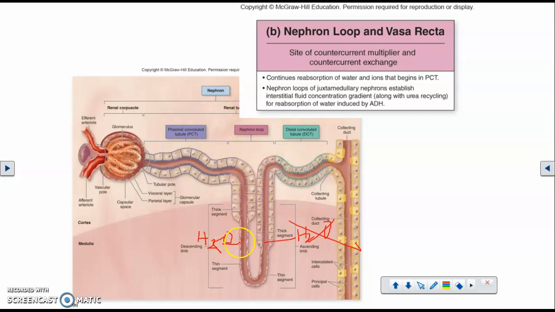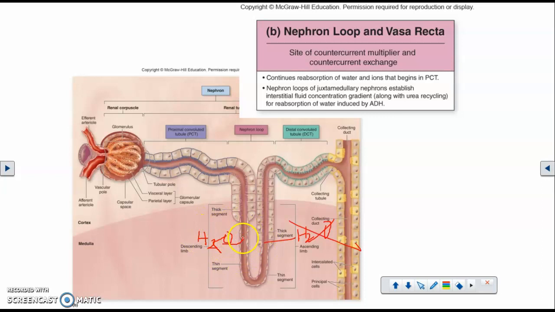So if you need more water, guess what? More water gets reabsorbed. If you don't need water, we're talking again about blood pressure and blood volume here. If you have too much water, the secretion in this case actually goes this way.